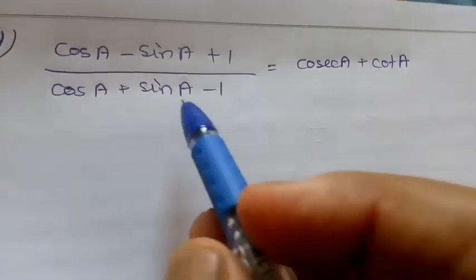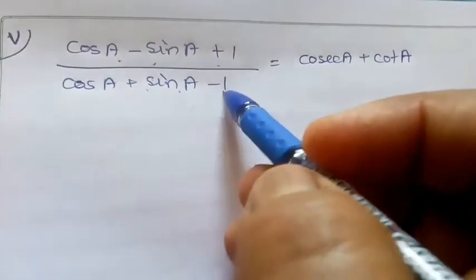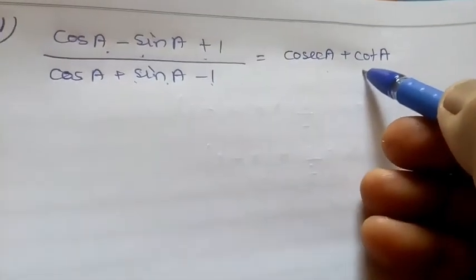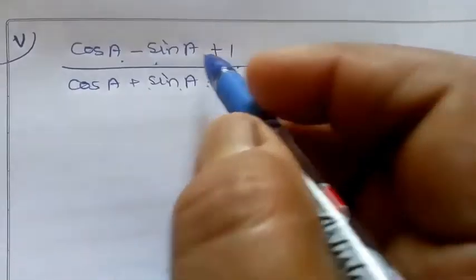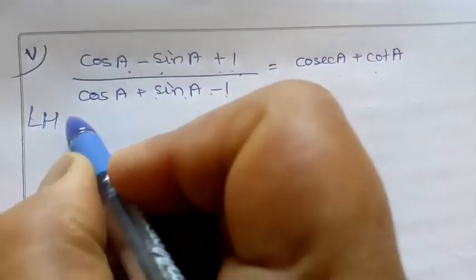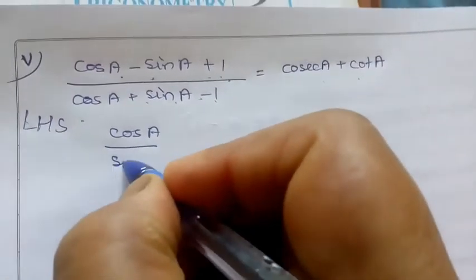This is question number 5. Cos a minus sin a plus 1 upon cos a plus sin a minus 1 equal to cosec a plus cot a. Dividing the numerator and denominator by sin a. In LHS, each term is divided by sin a.